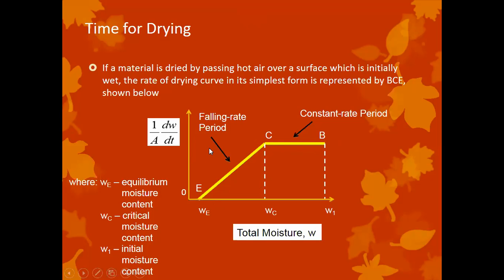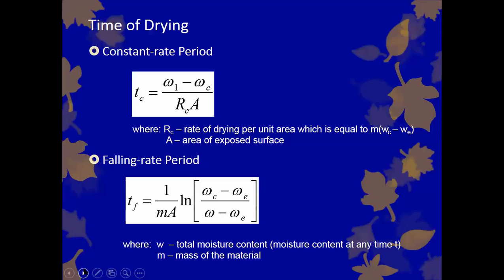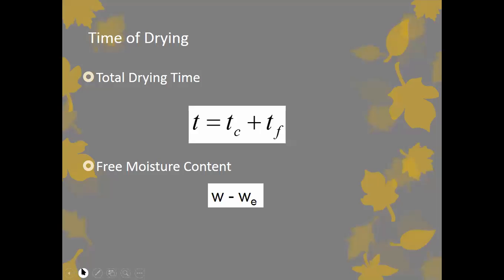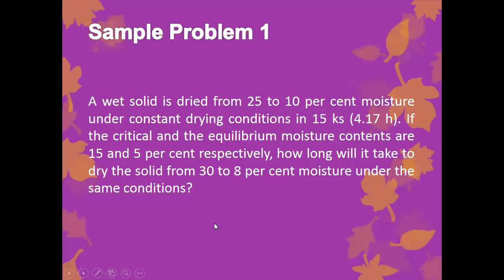This is in the case wherein the rate of drying per unit area is changing, or the rate at which moisture is decreasing per unit area is changing. So you have this falling rate period. The term falling rate means the rate is falling or decreasing. So let's go back to our problem. This problem will simply be constant drying. So there's no falling rate period in this case.